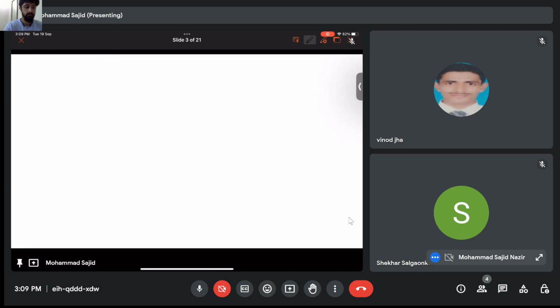Now, as I said, a difference amplifier gives an amplified output of the difference of inputs.